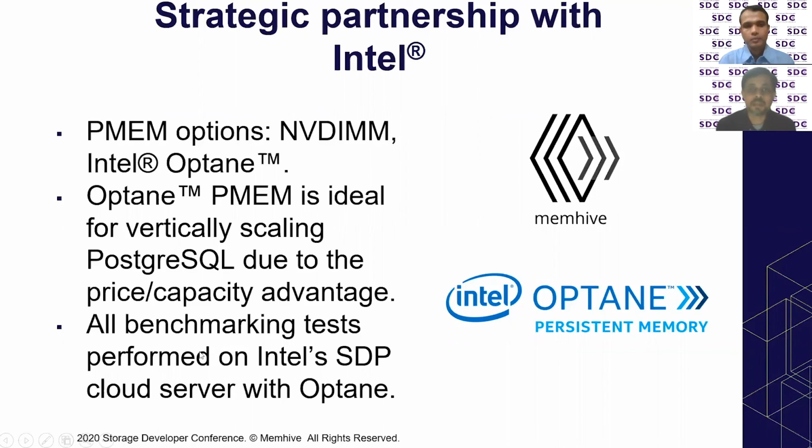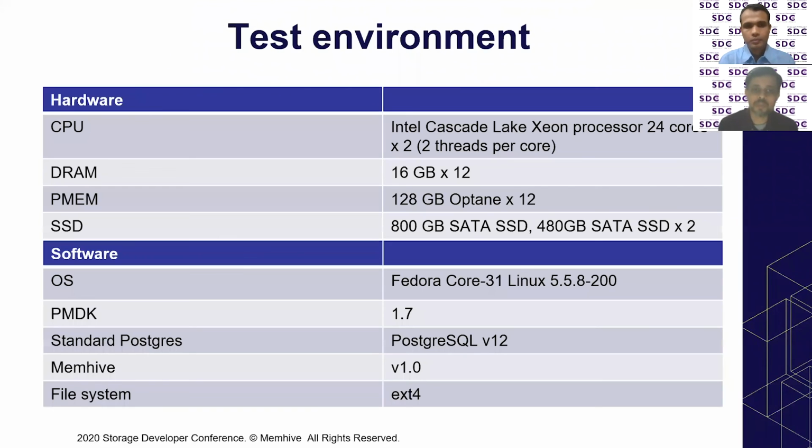There are many PMEM options, really speaking. There are many providers for persistent memory as well. But the leader in this technology has been Intel, and it's called Intel Optane. It has the best performance as well as the scalability in terms of size compared to other vendors. So using Optane PMEM, we are able to scale Postgres in a vertical manner.